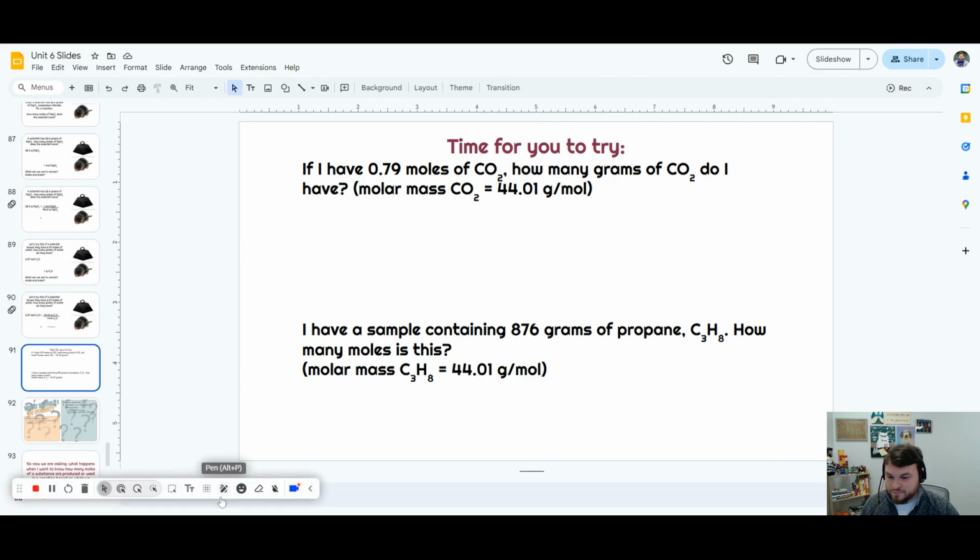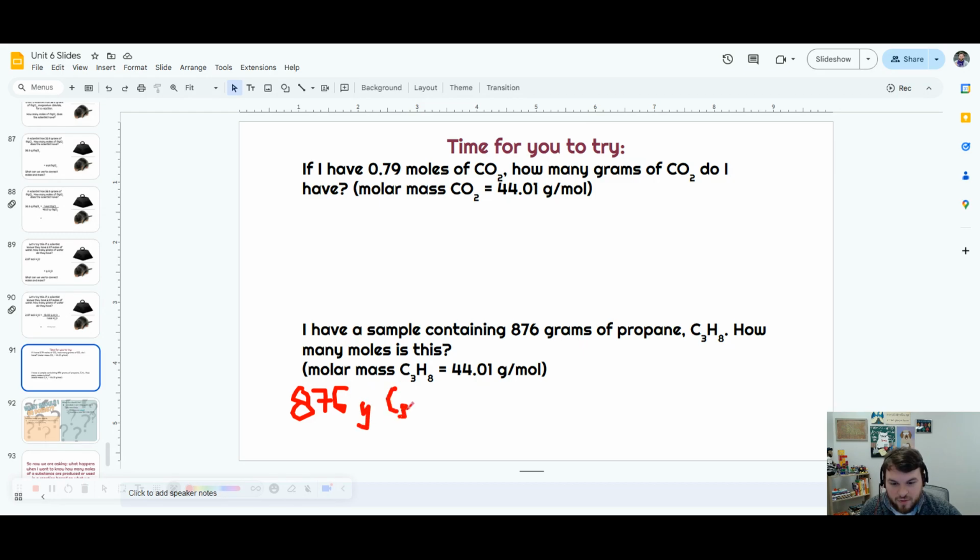Okay, hopefully you were able to take a second and solve that. So again, we start with whatever we're starting with here. I have 876 grams of C3H8. We need to go to moles of propane. So I have moles of C3H8 here. I'm going to put that over grams of C3H8. So you can see I've set up my ratio here.